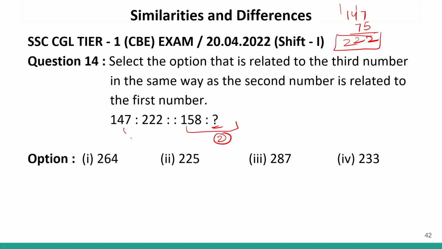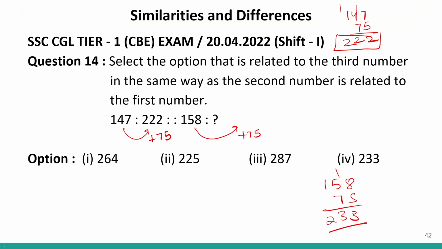So here clearly there is an addition of 75. So I would have to add 75 in 158 to get my next term. So if I add 75, I'll get 233, which is option number 4. So option number 4 will be your correct answer to this question. This was a question of number analogy.